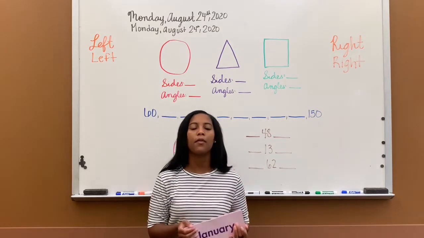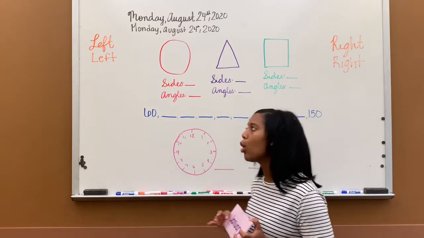We have a total of 12 months in one whole year.